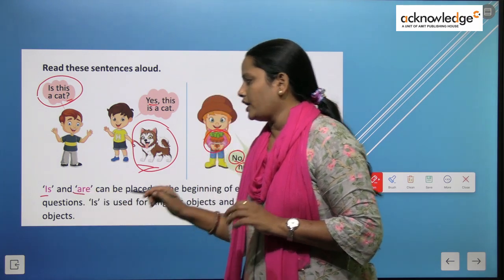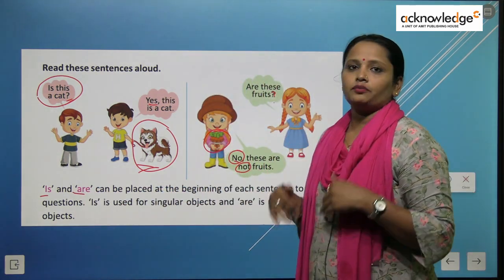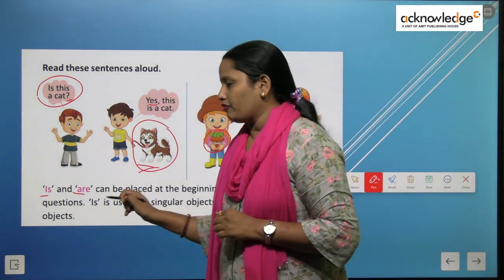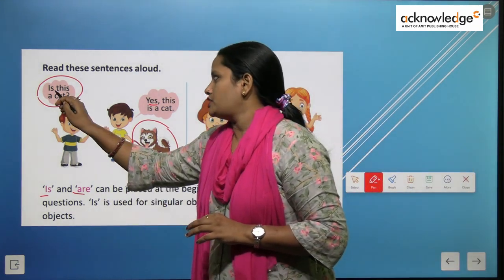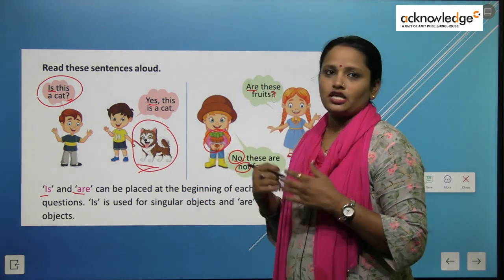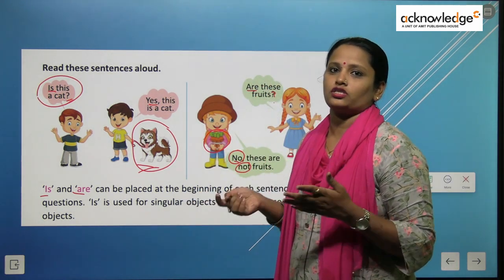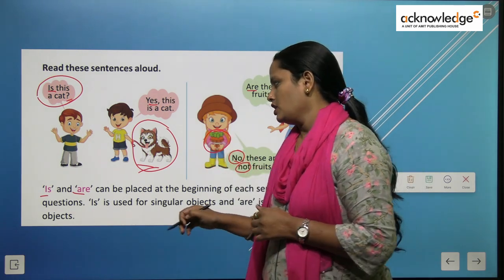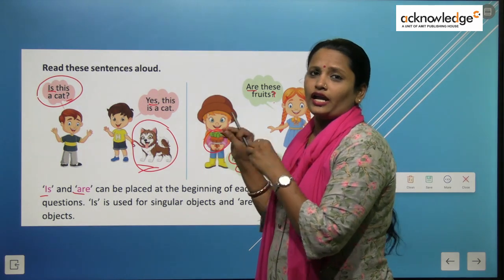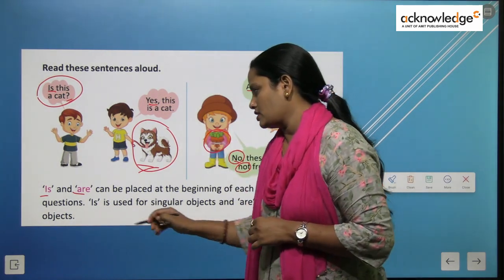Is and are can be placed at the beginning of each sentence to make a question. So in this chapter we are going to learn how to make questions using is and are. We have to place is or are at the beginning of the sentence.